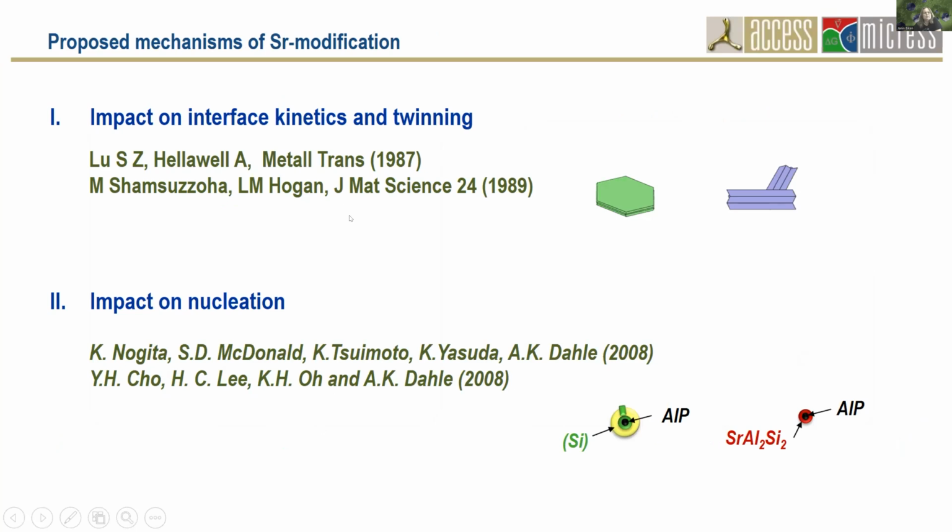Some groups say it is the impact of the strontium on the interface kinetics in twinning which changes the structure. Other groups say it's the impact on nucleation, because some nucleation sites for the silicon are poisoned, and this changes it.